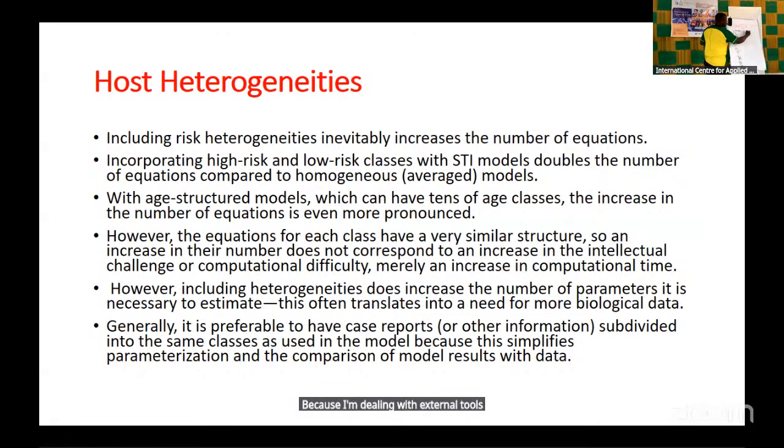But for others, maybe HIV and other STIs, we have to divide into low risk and high risk groups.